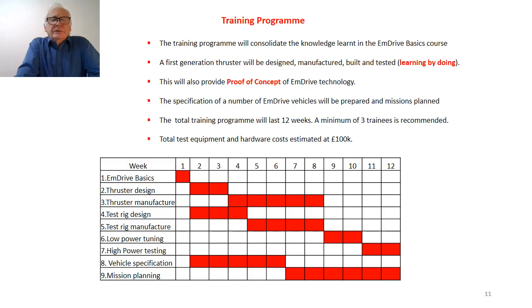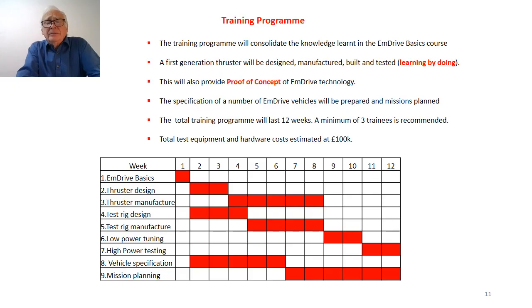The course we suggest would last 12 weeks. It covers basically this set of lectures: thruster design and manufacture, test rig design and manufacture, low power tuning, high power testing, and then vehicle specification and mission planning.